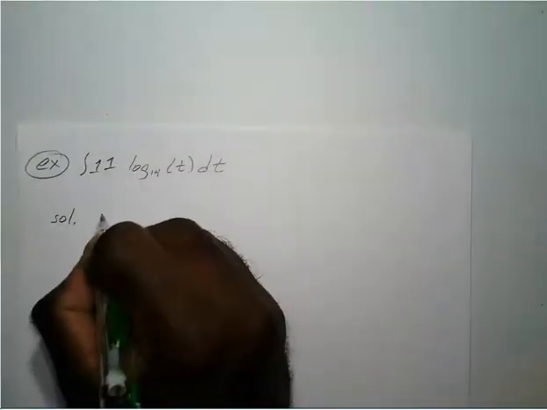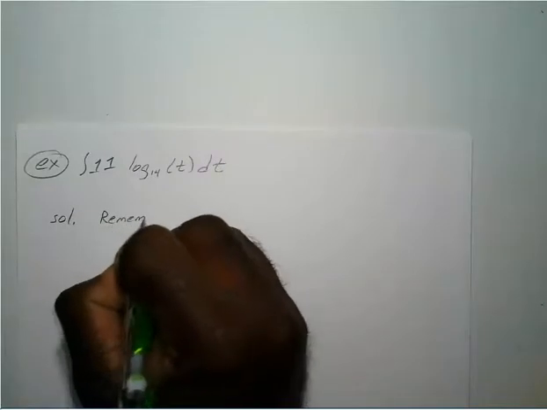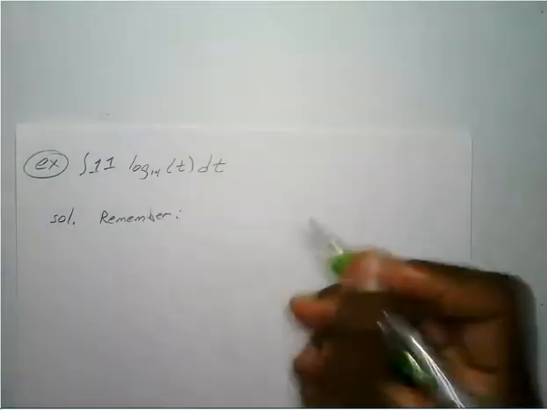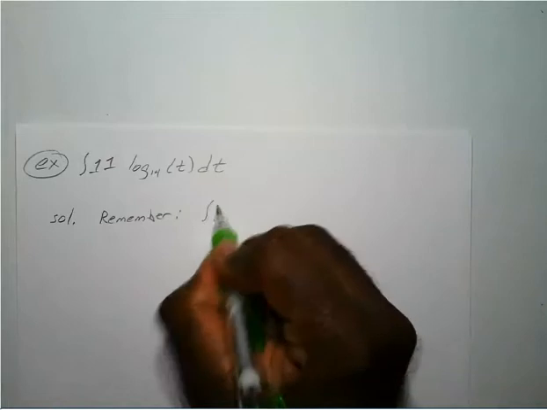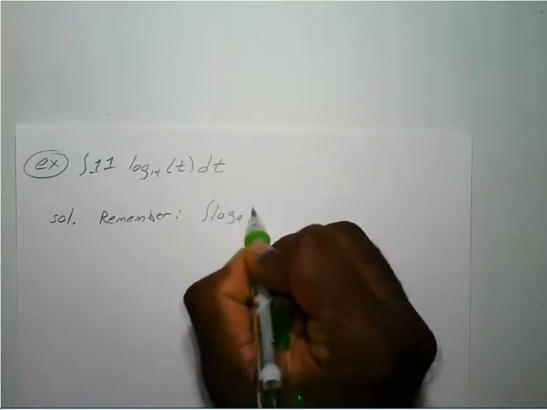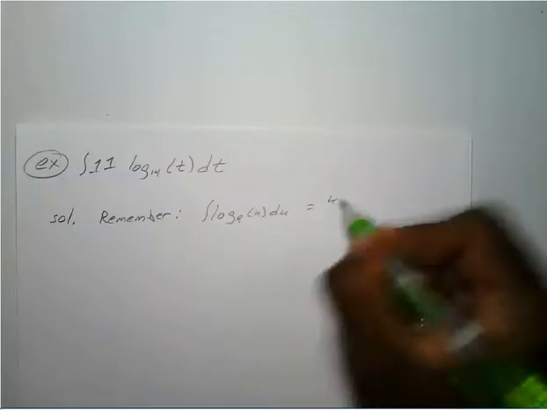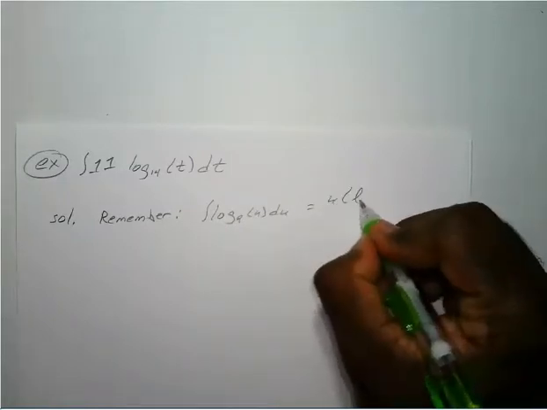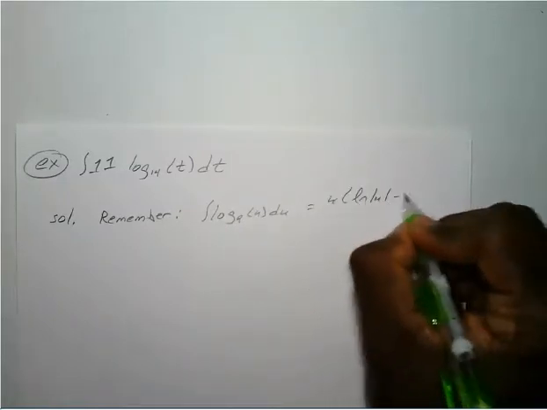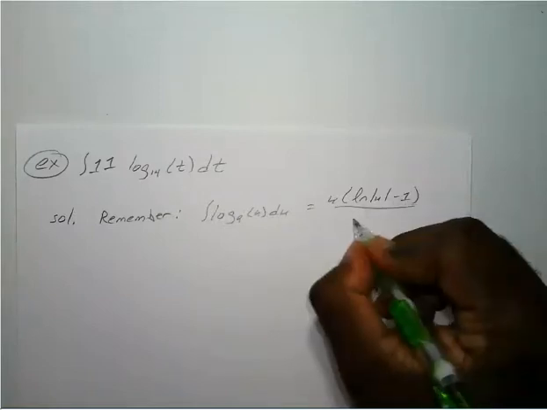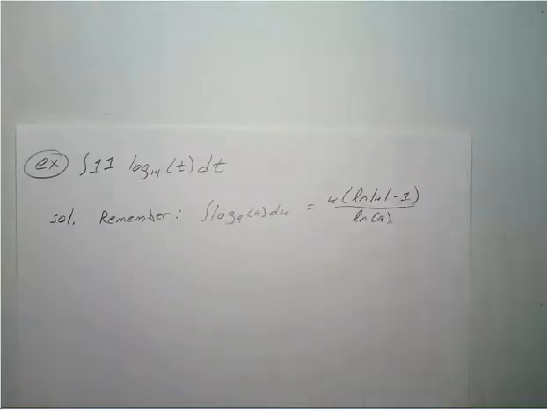Okay, now for this one, remember that the integral of log base a of u with respect to u is just u times the natural log of the absolute value of u, minus 1, divided by your natural log of a.